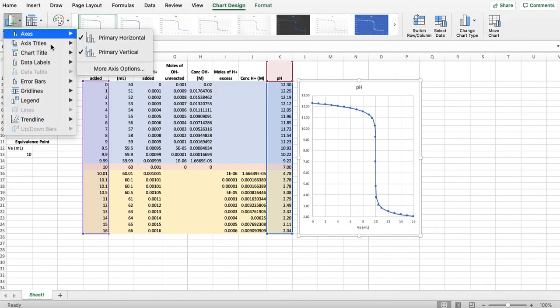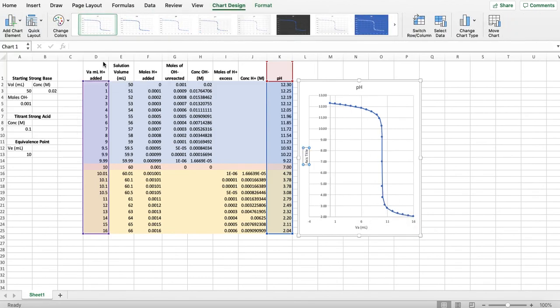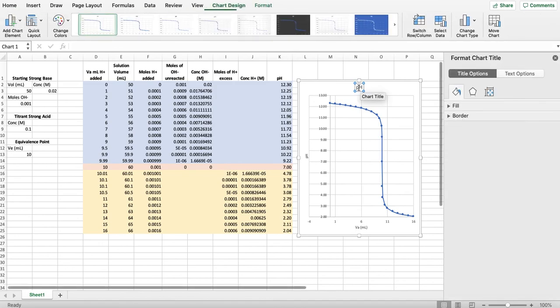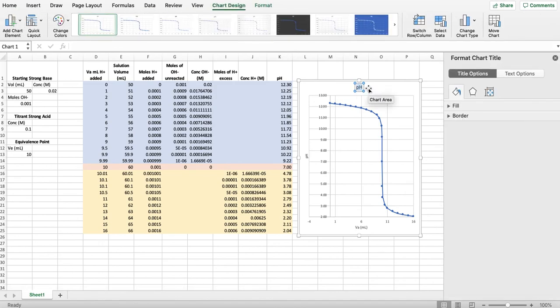And primary vertical will say pH. And the title would be strong base titrated with strong acid.